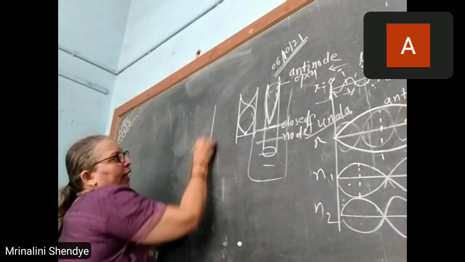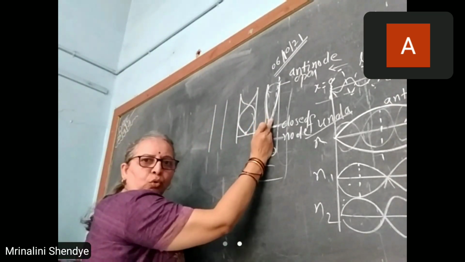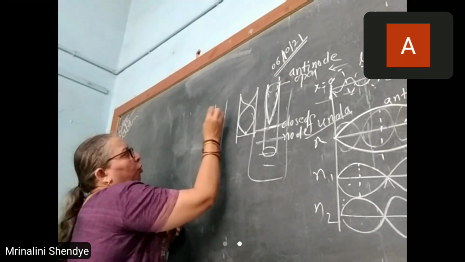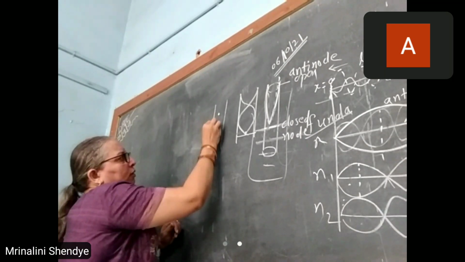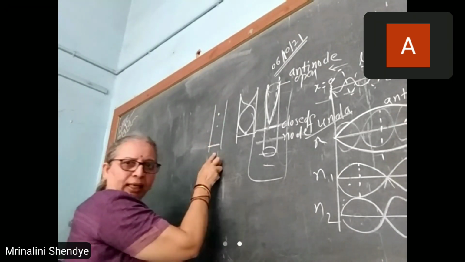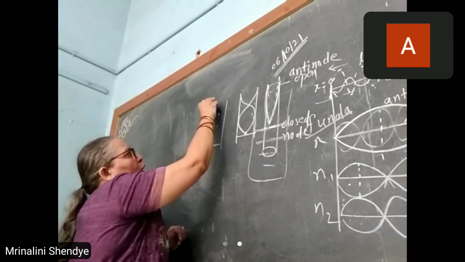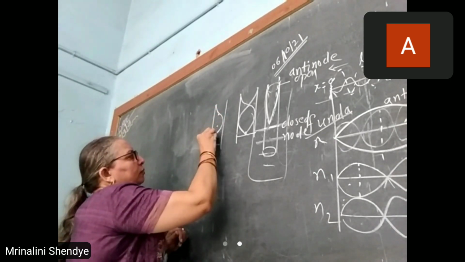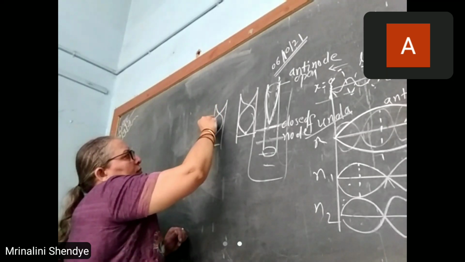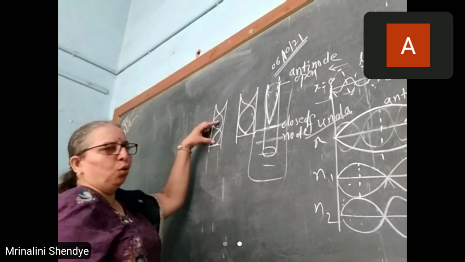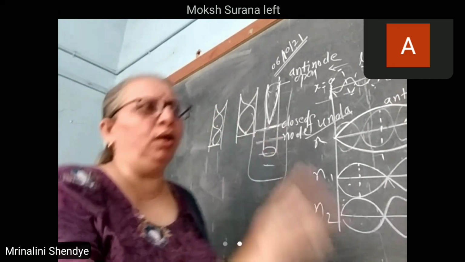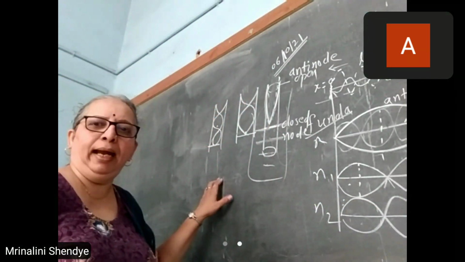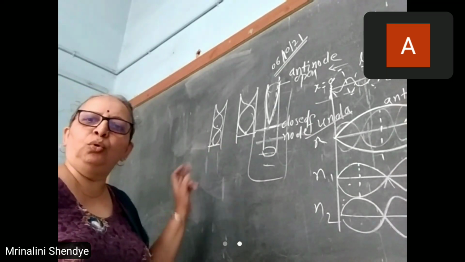We can make the same air column vibrate in such a way that you will get formation of three nodes. एक तो कंपल्सरी आएगा ही और बीच में दो आएंगे. तो ये दोनों हम लोग एयर कॉलम भी डिफरेंट मोड्स में सेट कर सकते हैं. तो ये हम लोगों को देखना है.